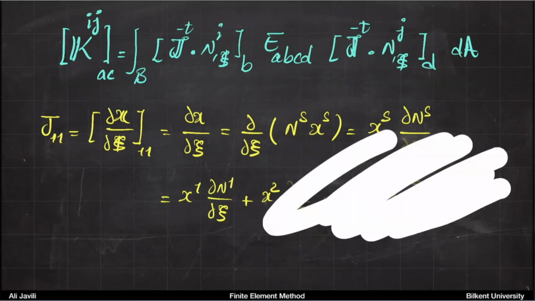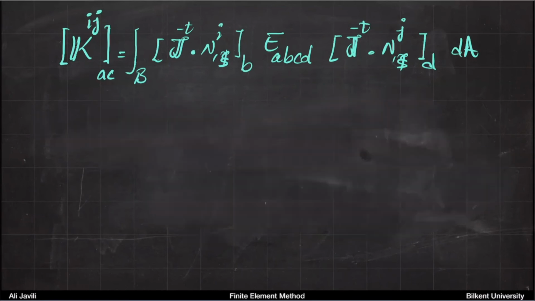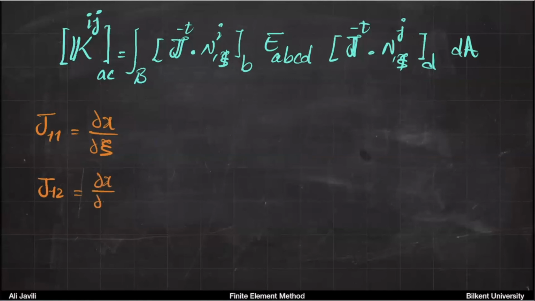So let's just do this for each of the components, it's going to look like this. J11 is the derivative of x with respect to c. J12 is the derivative of x with respect to eta.